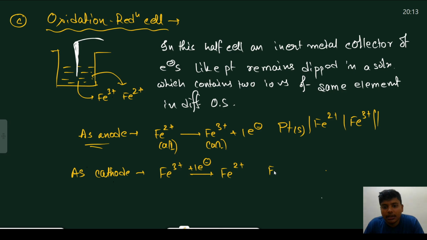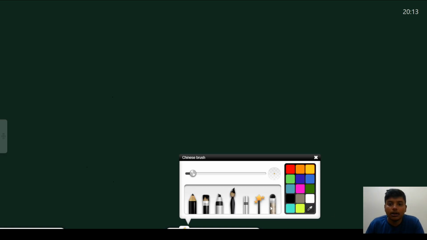So how to represent it? Fe3+, Fe2+, platinum. Clear? Clear or not? Yes, sir. Okay.